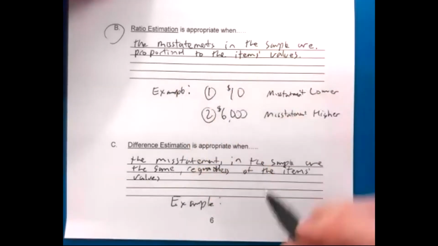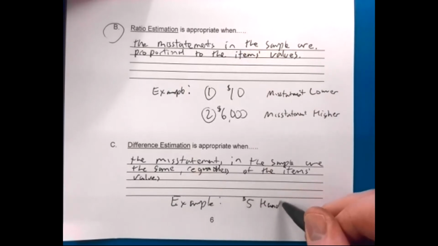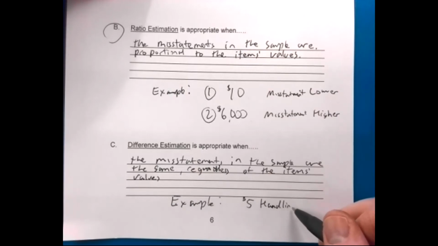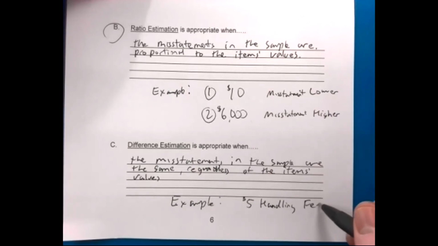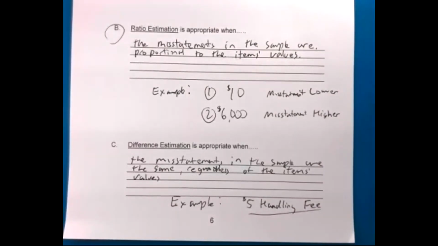let's say that the error that you find commonly is that they're supposed to charge a $5 handling fee. And that $5 handling fee is often either not charged or inappropriately charged, however the error comes about.